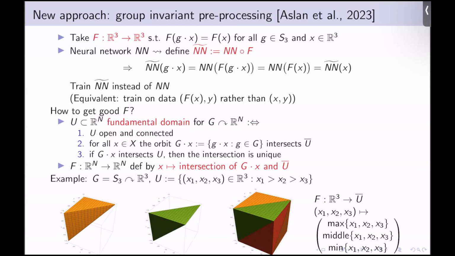And so notice the image of F lies in U bar. It doesn't lie in U, because if you have 2 coordinates of the vector which are equal, then it doesn't lie in U, but the function F still tells you what to do with them. So it can handle a vector 0, 0, 1, for example.